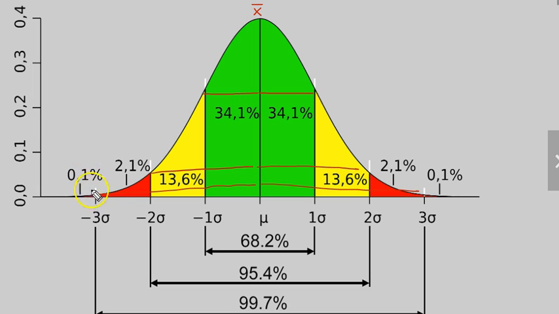So on this end, it's going to be 0.3% divided by 2, and on this side, 0.3% divided by 2, so that would be like a 0.15, I guess.